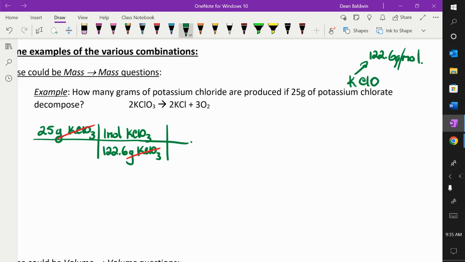It's 2 to 2. So 2 moles KClO3 produces 2 moles of KCl. So now the moles of KClO3 are gone.